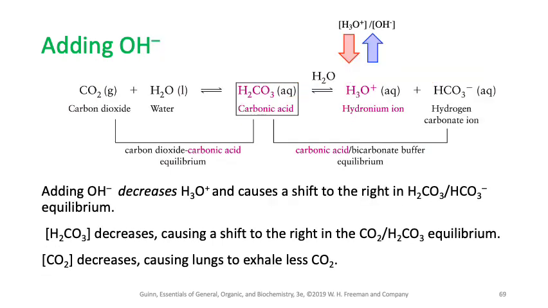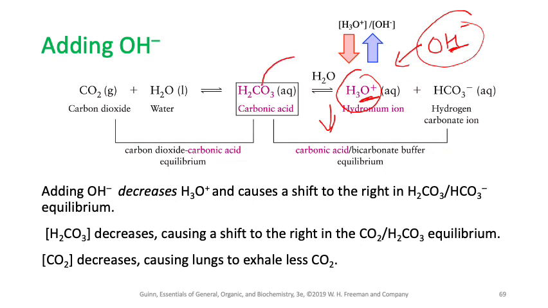For the same reaction, if I add more hydroxide ion, you are decreasing the concentration of the hydronium ion. Why? Because hydroxide ion reacts with the hydronium ion and converts into water. So you will have less hydronium ion on the product side. If you have less hydronium ion, the carbonic acid buffer system will move the reaction to the right hand side.